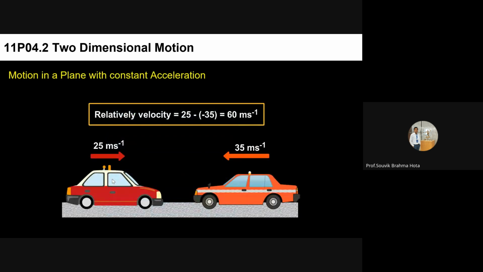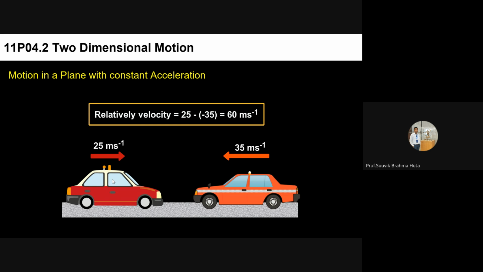Now see this case: motion in a plane with constant acceleration. Don't get confused with accelerated motion; it is known as constant acceleration. So we are assuming that, whatever the object, the acceleration value remains constant.